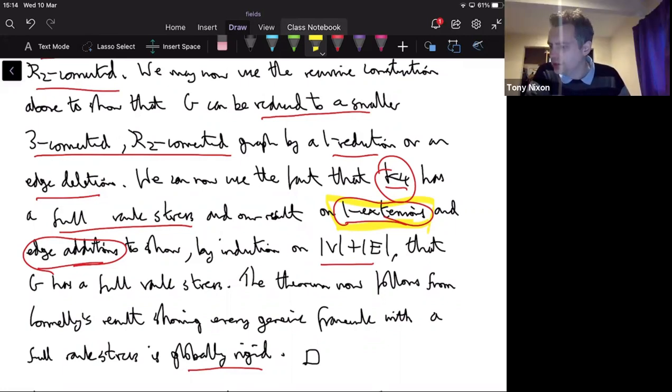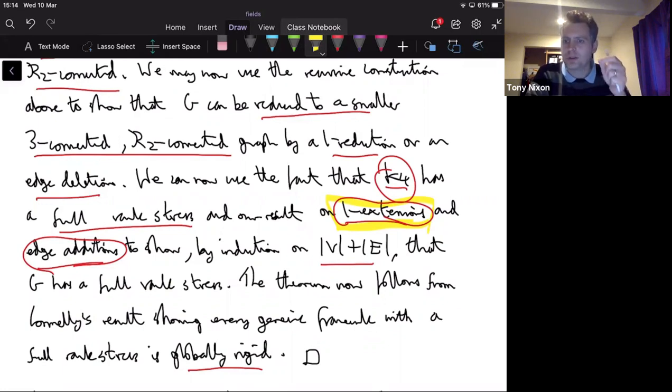Yes, so in the stress matrix lecture, I gave a result. I don't think I gave the proof, but if you have an infinitesimally rigid realization in any dimension of a graph, and you have a full rank stress, then you know automatically that every generic realization of that graph has a full rank stress as well.